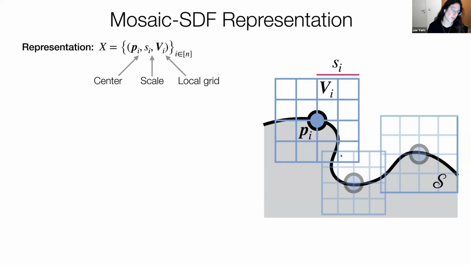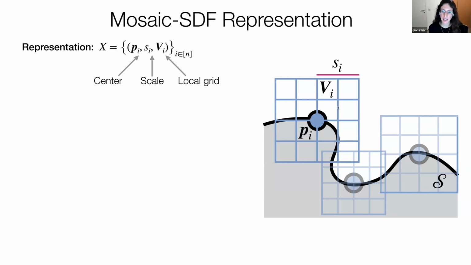Another way I like to think about our representation is like if you have images and you need to patch them. Our representation is a way to patchify the surface using small volumetric grids, but with more versatile options because it depends on where you locate the centers, and also the scale of each one of the volumes.